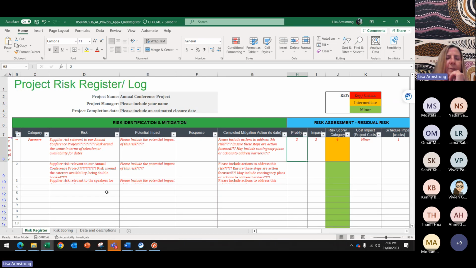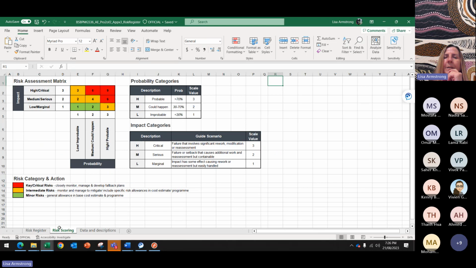If it's a 2, and then we had the impact, maybe a medium to serious, a 2. And when we look at 1 and 2, we're around this area of 2.